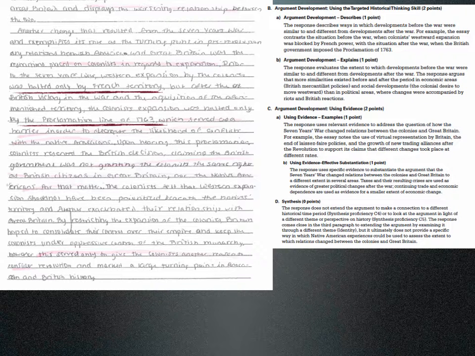Also, another point, the response argues more similarities existed before and after the period in economic areas, British mercantilistic policies, and social developments, colonial desire to move westward, than in political areas where changes were accompanied by riots and British reactions. And we're going to look at that as well on the next page.